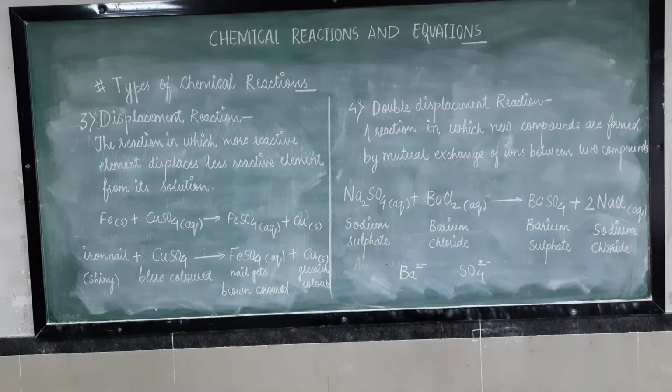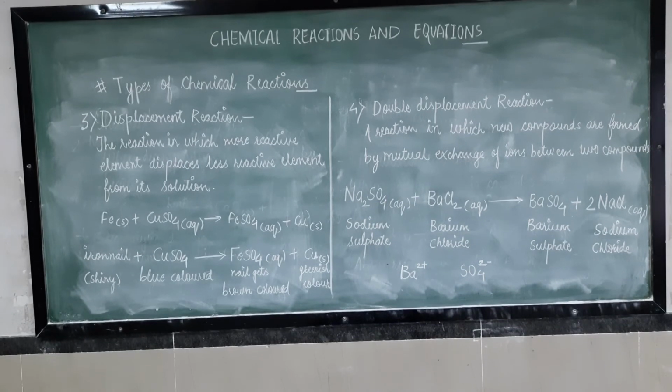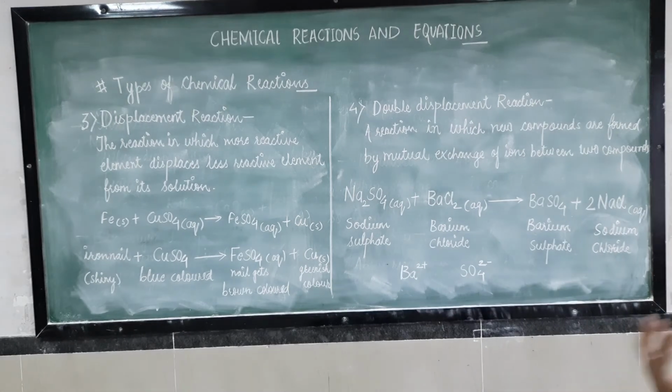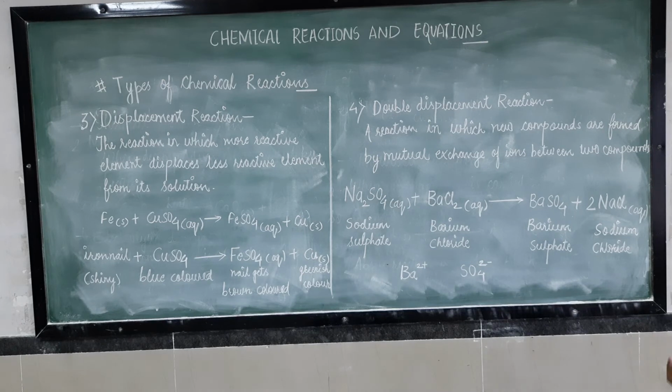Next type of reaction we will learn about is oxidation and reduction reaction. Before that, we will see that in this double displacement reaction, a precipitate is formed. What is a precipitate? A precipitate is a leftover residue that is left in the test tube or in a vessel where we are doing that reaction.